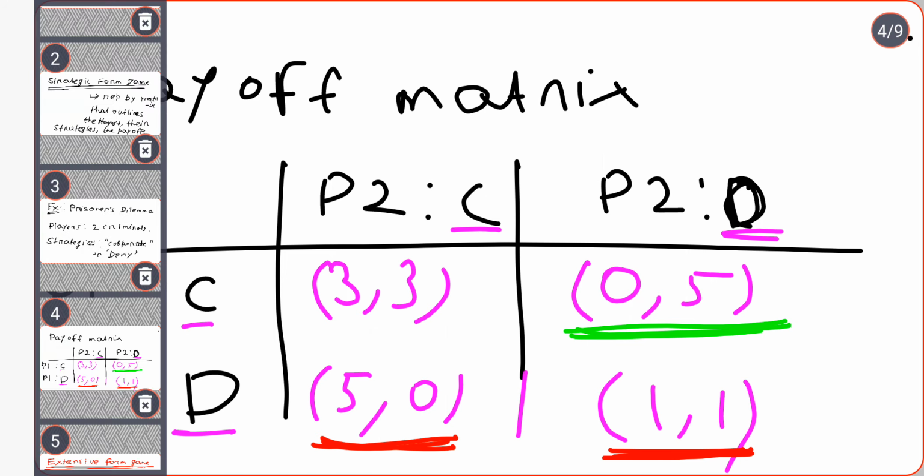But in the extensive form game, suppose one of the players, player 1 or player 2, moves first. Then the other player gets the opportunity to decide which payoff is going to give him a better position.